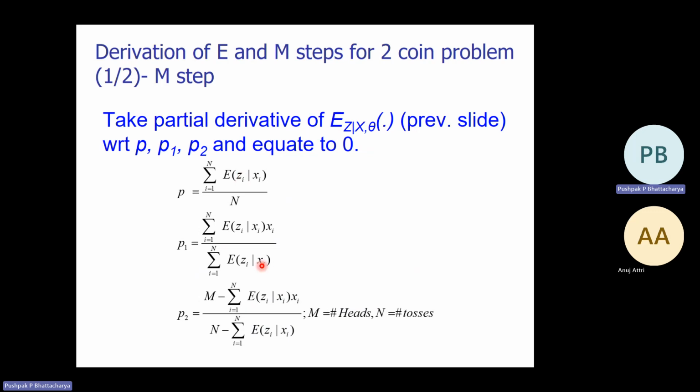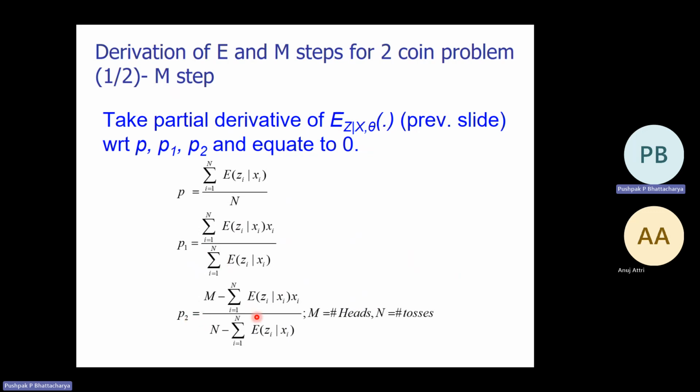P1 also is very intuitive: expected number of times the first coin is chosen multiplied by xi, where xi is 1 for head, divided by the expected number of times the first coin is chosen. So this ratio is the expected number of times head is seen from the first coin divided by the expected number of times the first coin is chosen.